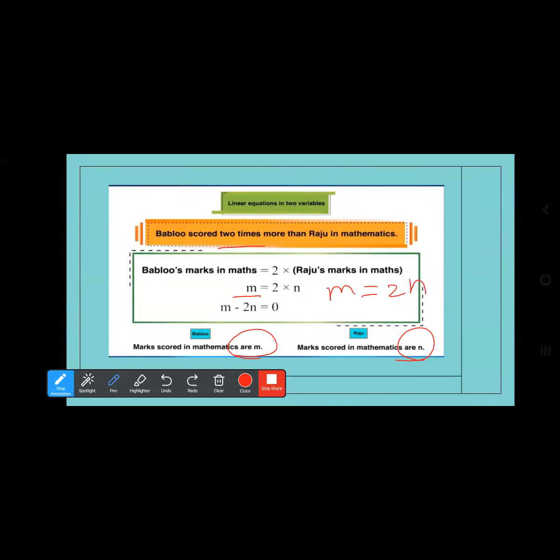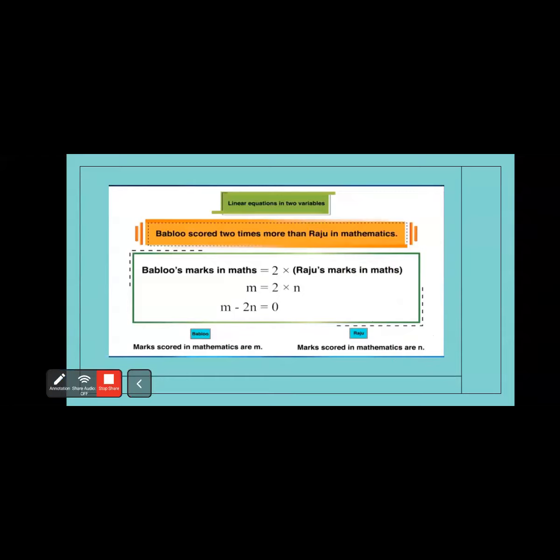Now since we have to frame it as a linear equation in two variables, if I bring it over here, it will be m minus 2n equals 0. This is the second example.